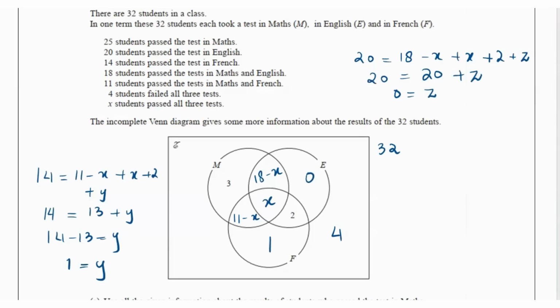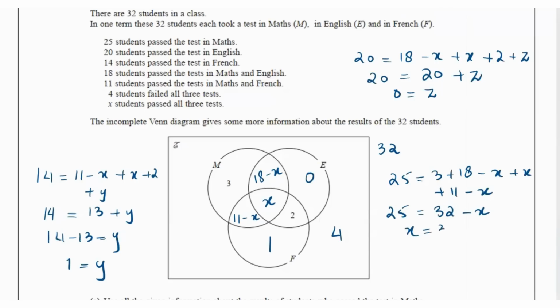Then 25 students passed the test in maths. So 25 equals 3 plus 18 minus x plus 11 minus x. That's 25 equals 3 plus 18 plus 11, that's 32 minus x.